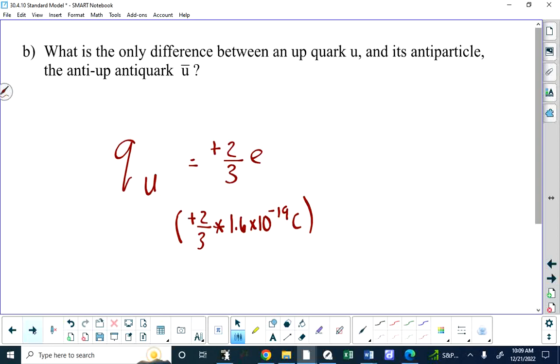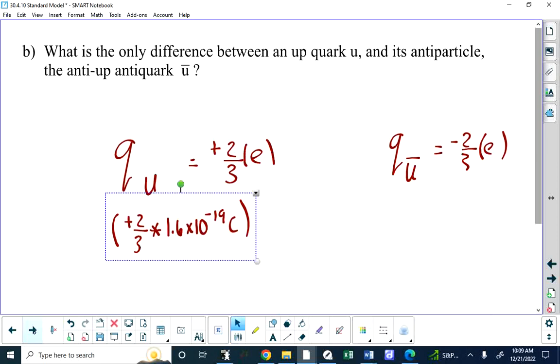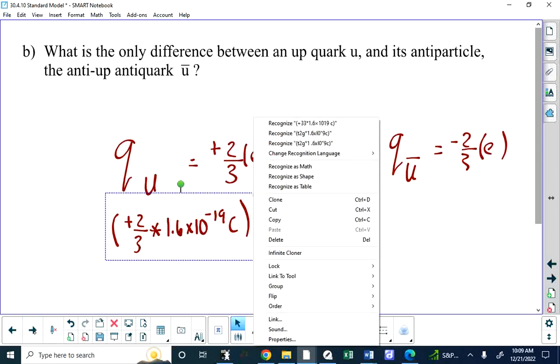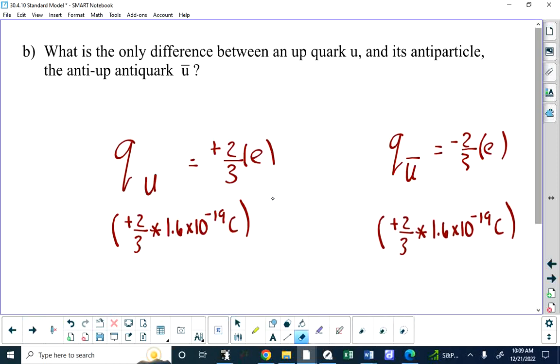Whereas the charge of an anti-up antiquark is negative 2/3 elementary charges, which means if you wanted to calculate that, that's how it would be done. It's the only difference.